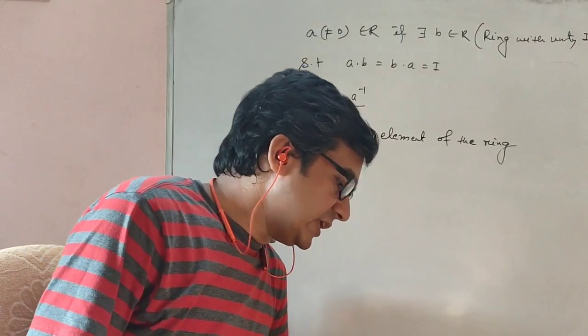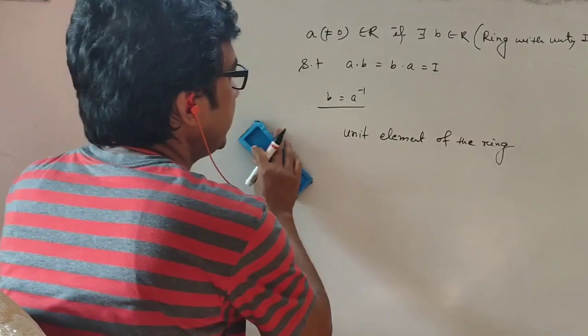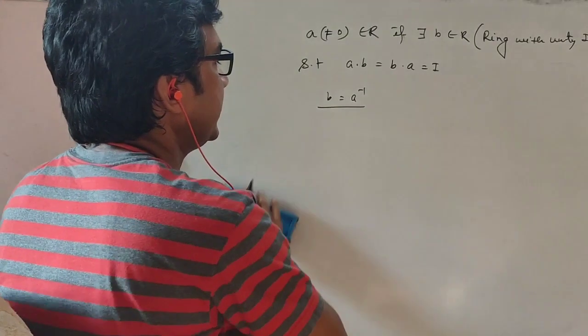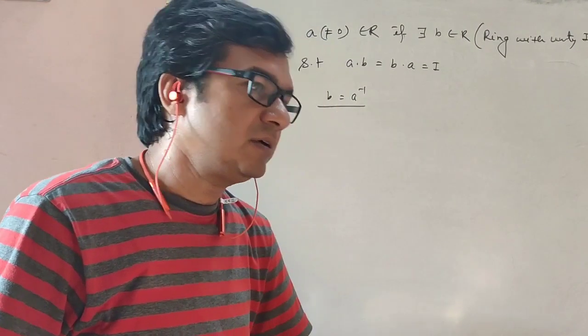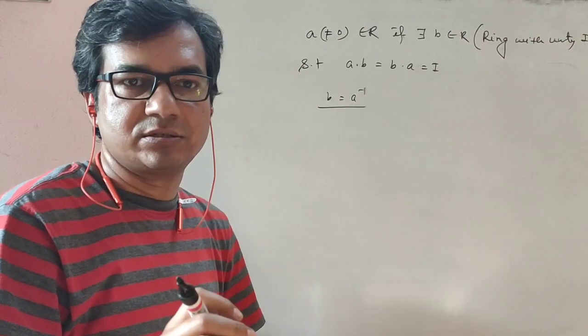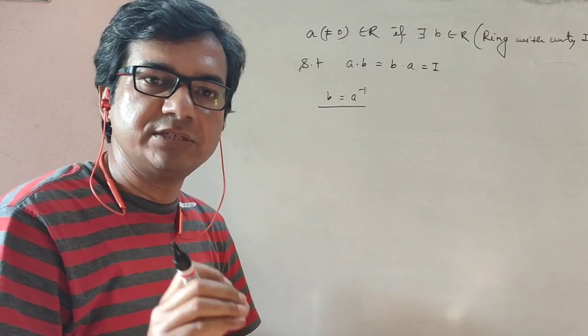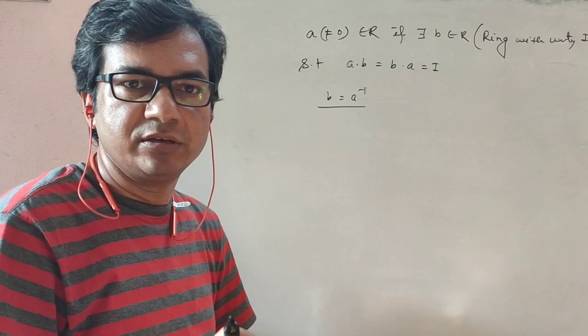And if an element in a ring is a unit, then the multiplicative inverse of this element must be unique.